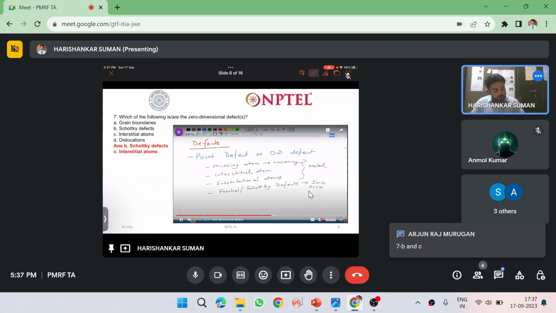Yes. So zero dimension defects or point defects: missing atom or vacancy, interstitial atoms, substitutional atoms, Frenkel or Schottky defects. This will be in ionic solids.